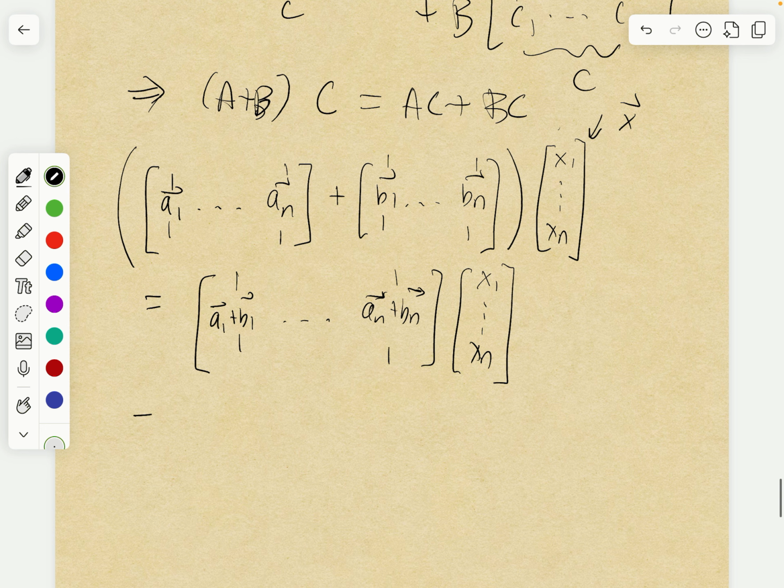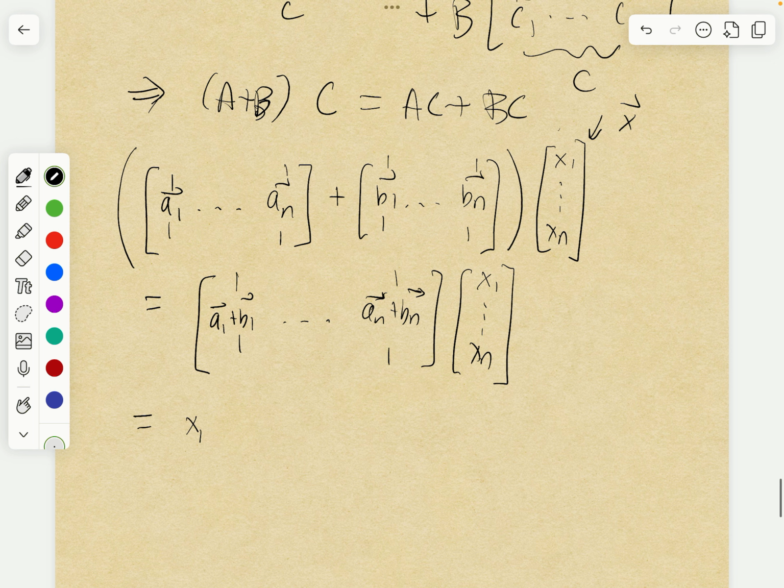Now, by definition of the matrix vector multiplication, this is the scalar x1 times the vector a1 plus b1, plus dot dot dot, plus xn times the vector an plus bn.